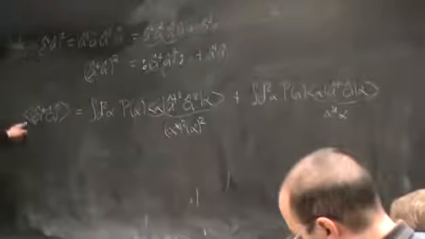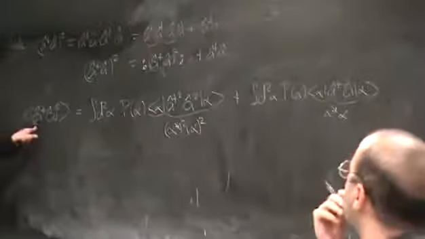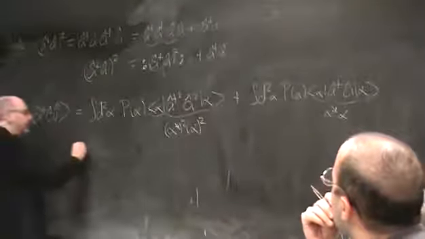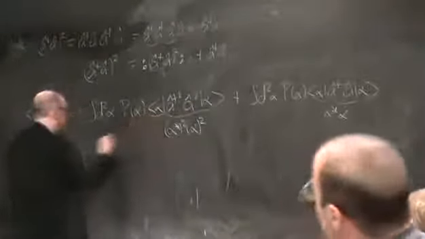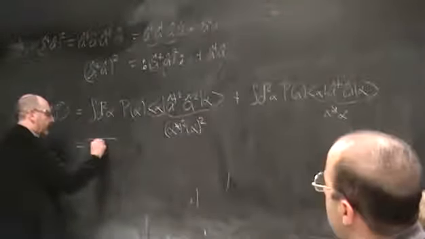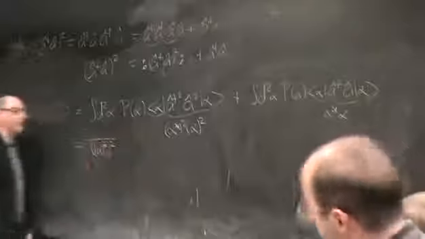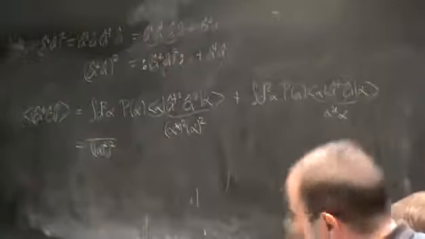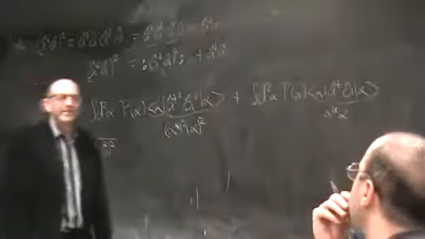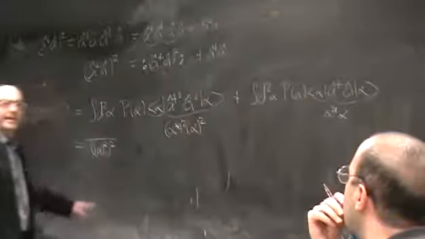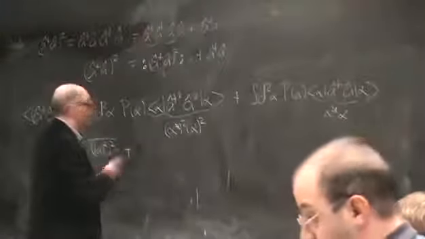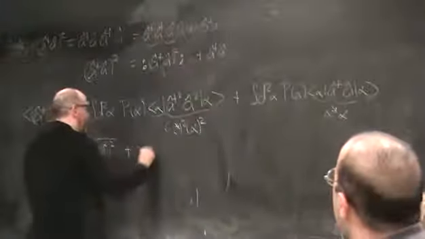So the expectation value of the number operator squared is equal to the statistical average of alpha squared to the power 2, alpha to the 4, plus, what's left over really is the average of n.